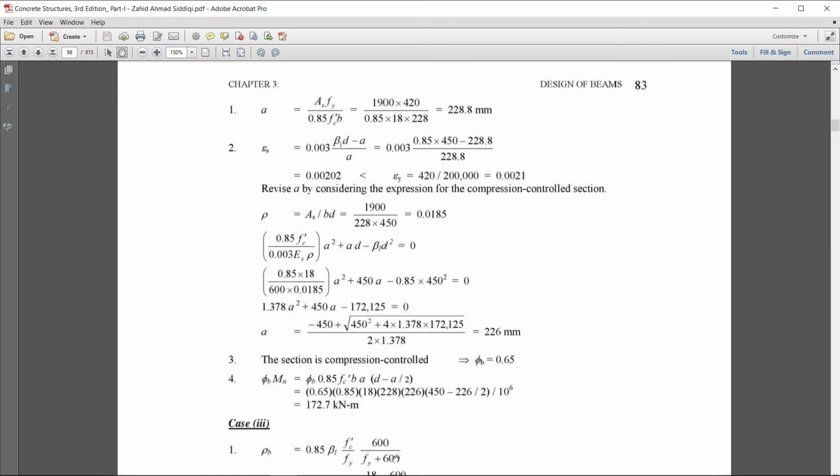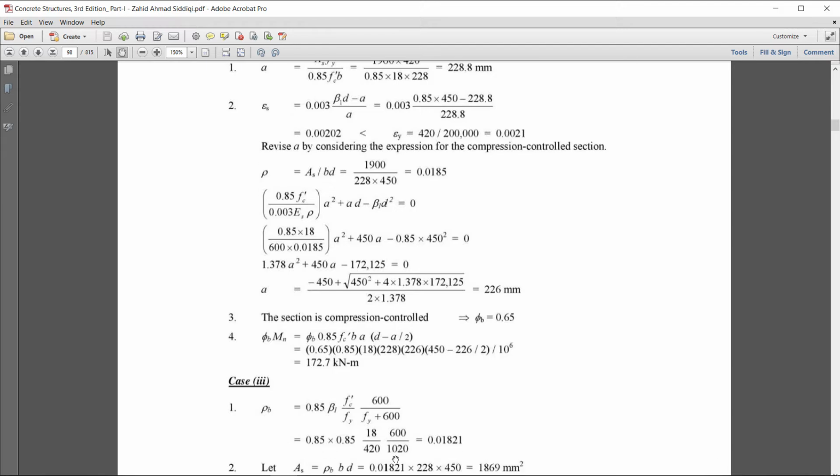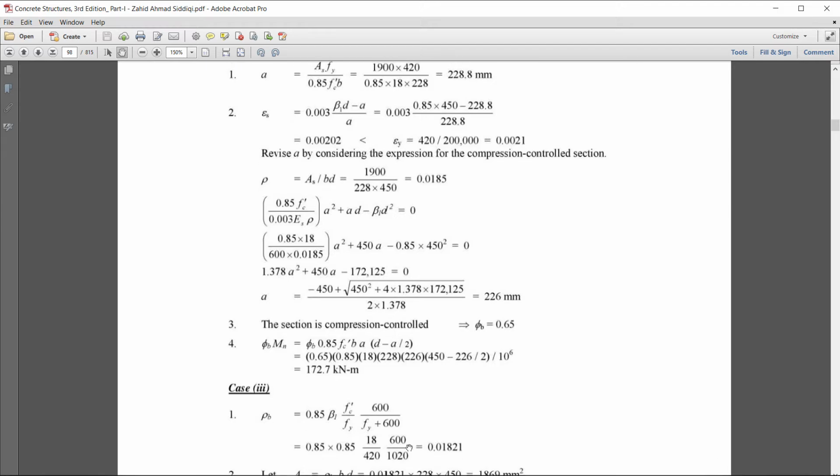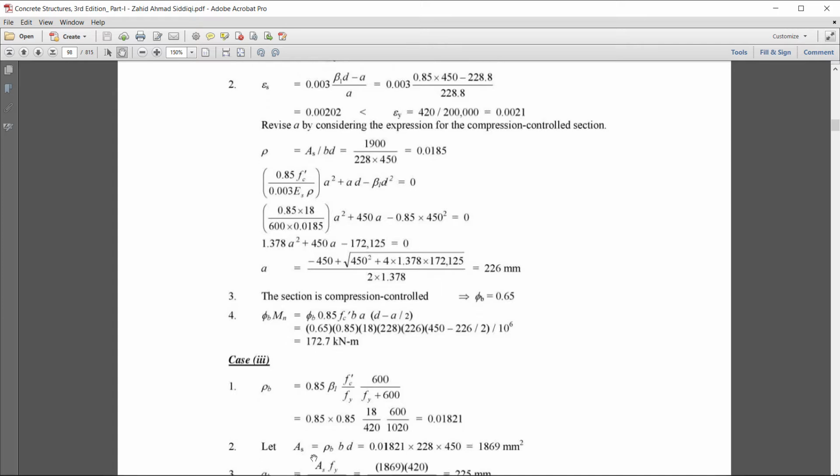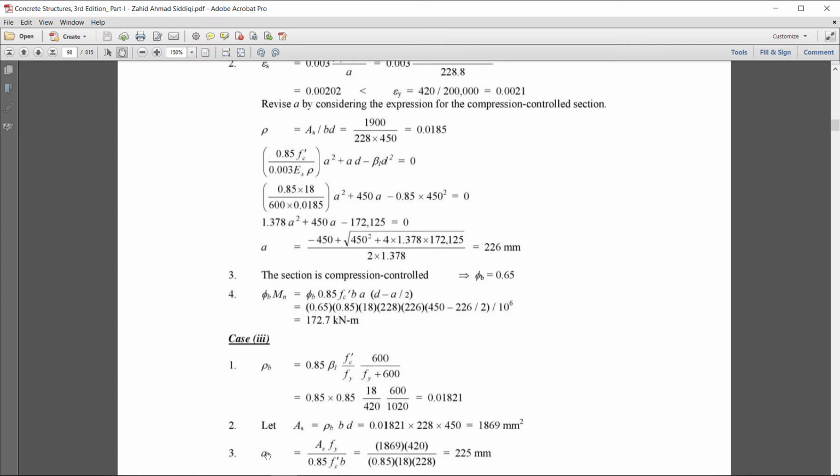All the data is given. We have calculated rho balanced. Now we will multiply it with bd, and we will get the area of steel. Now we calculate a balanced depending upon the area of steel calculated based on rho balanced. Our a balanced is 225 millimeter.